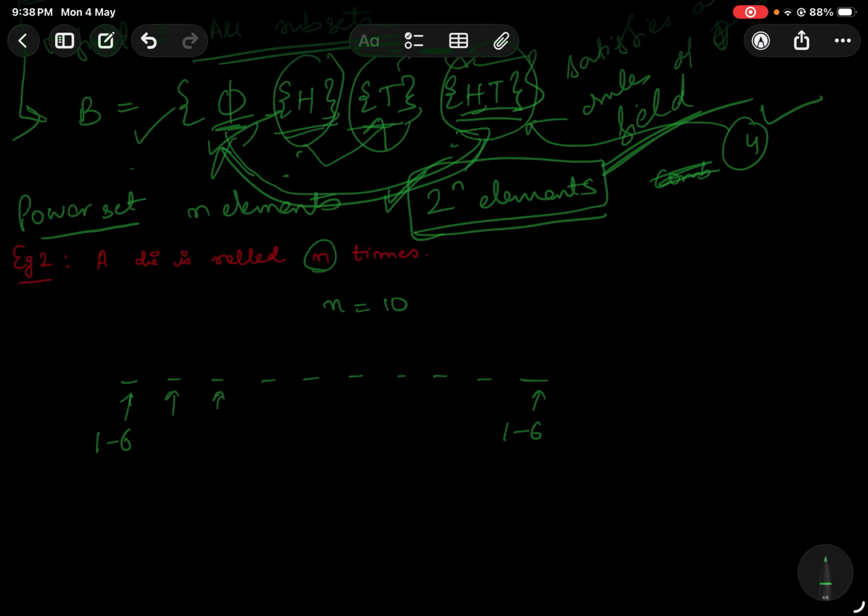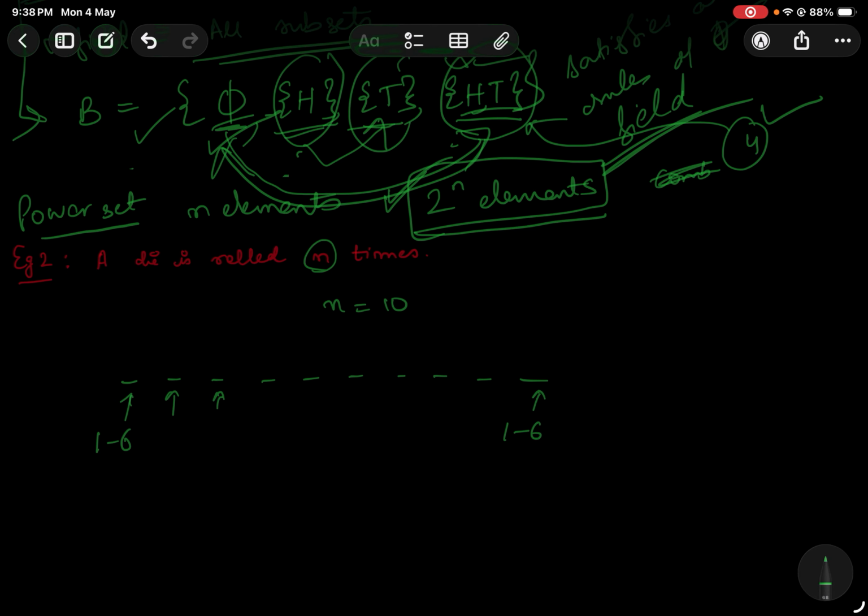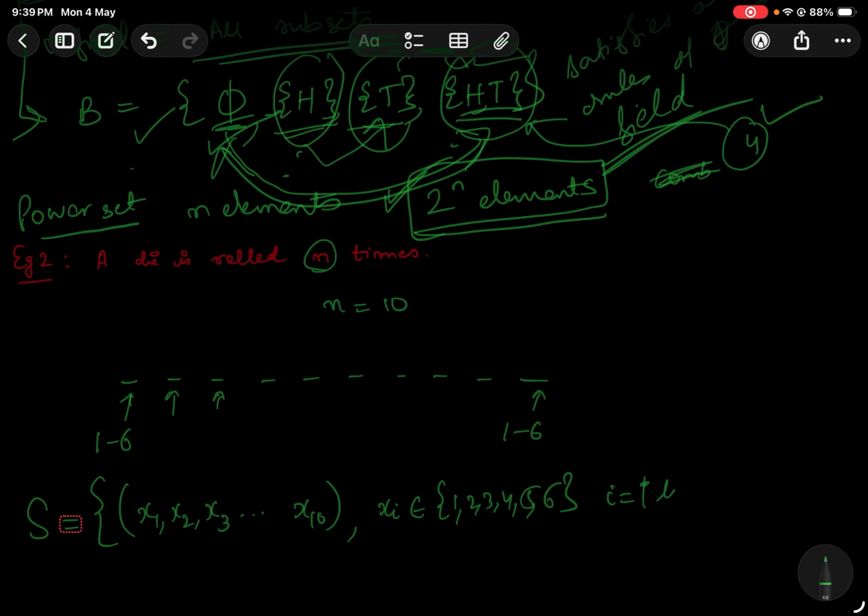Now I can't list down each and every element here, but we can mention it in a smart way. So my sample space is x1, x2, x3 till x10, where xi belongs to 1, 2, 3, 4, 5, 6, right? i is from 1 to 10.